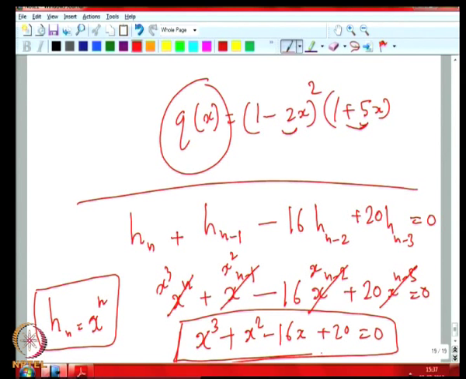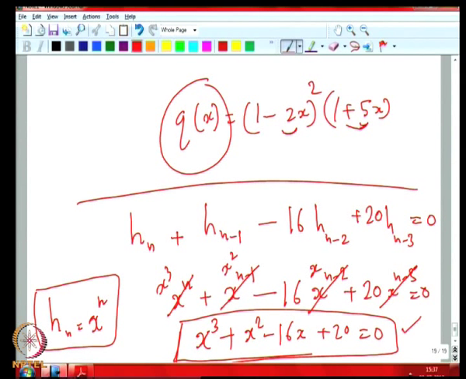And we know that if at all Hn has a solution of the form some constant to the power n, that constant should satisfy this characteristic equation; it should be a root of this characteristic equation.